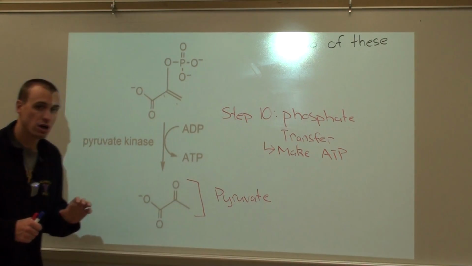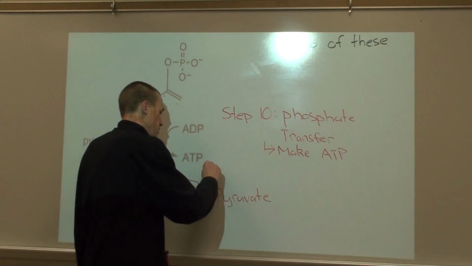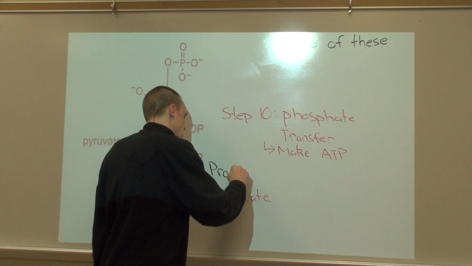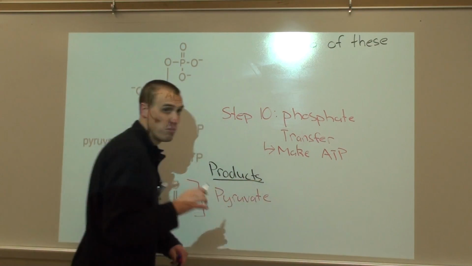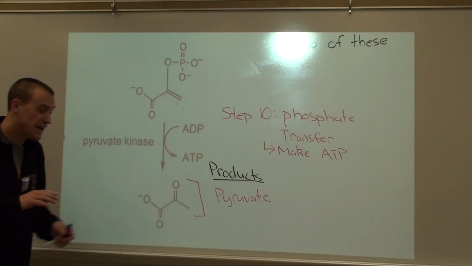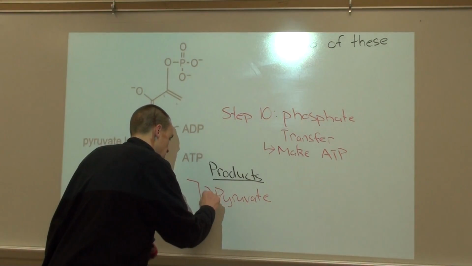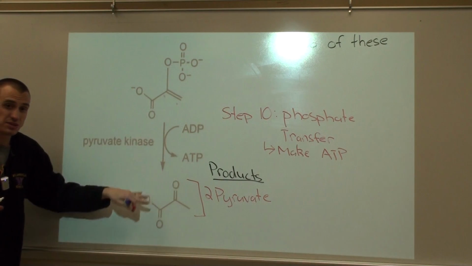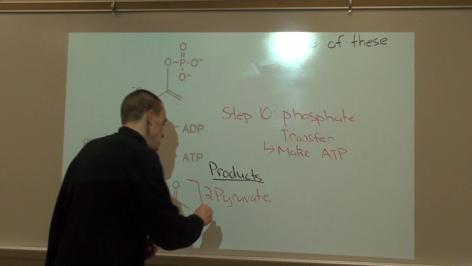And so we can talk about the products of glycolysis. Remember, because we started out with 2 of the glyceraldehyde 3-phosphates, we actually end up producing 2 pyruvate molecules. And through this process, we have produced 4 ATP.